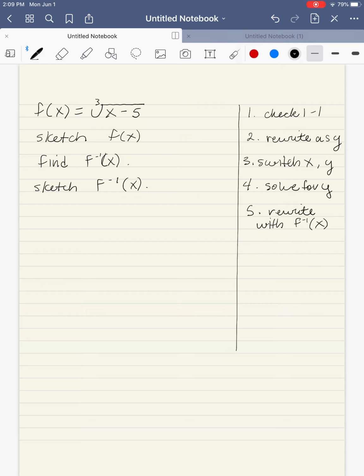I want you to see if you are able to sketch f of x using transformations, find f inverse of x using our process we learned over here, and then sketch f inverse of x. So pause the video, try those 3 things, and then turn the video back on.